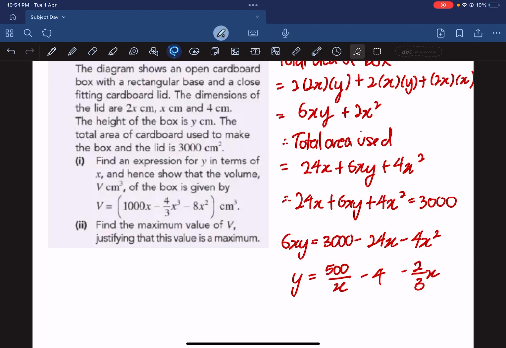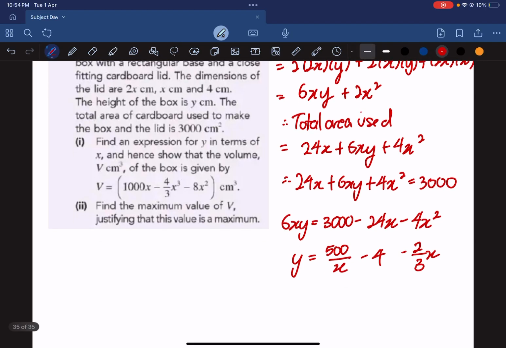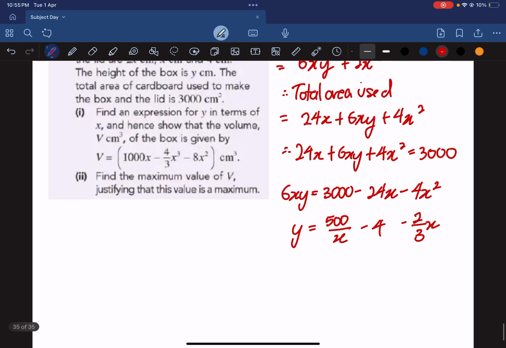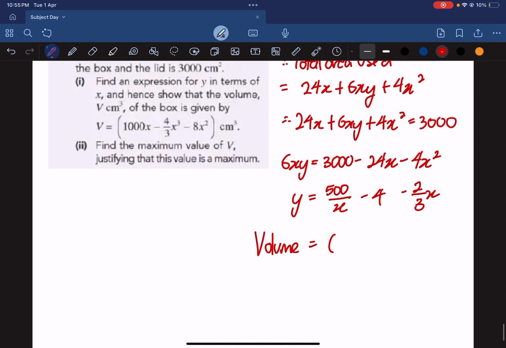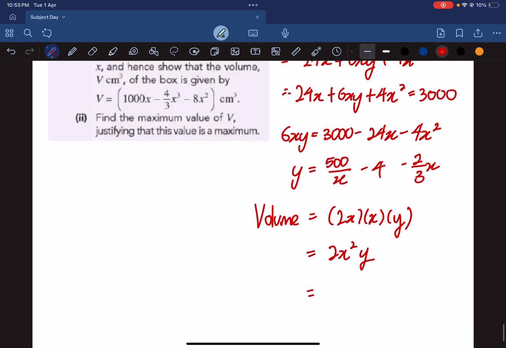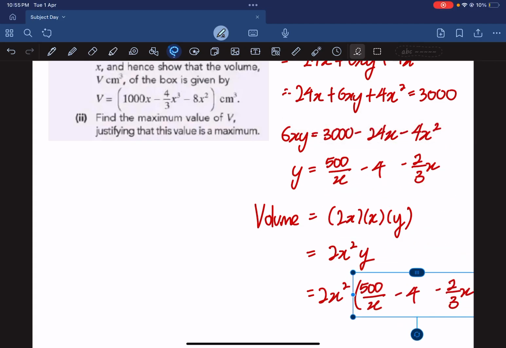Therefore, for part 1, to show that the total volume of the box is given by this expression, I know that the volume of the box is simply 2x times x times y, which is equal to 2x squared y. And I now replace y by the expression that we have found.